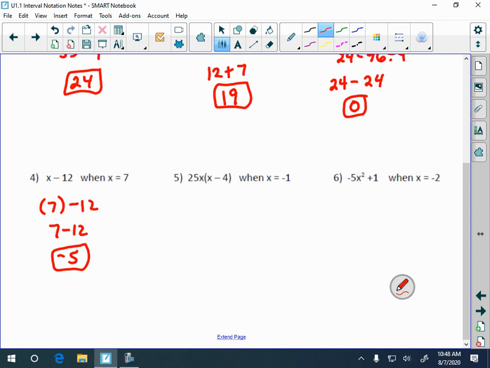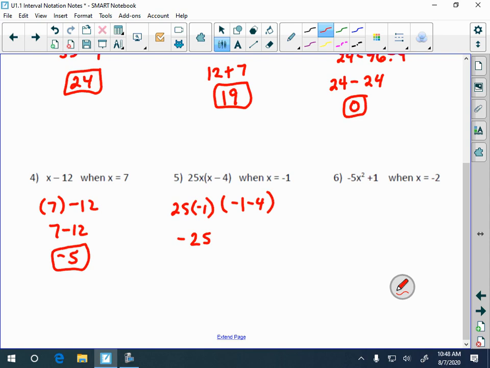Number 5, x is negative 1, so 25 times negative 1, and then we're going to multiply that by negative 1 minus 4. All right, so 25 times negative 1, I can multiply those together, that's negative 25. And then I have to do inside the parentheses, negative 1 minus 4, that's negative 5.